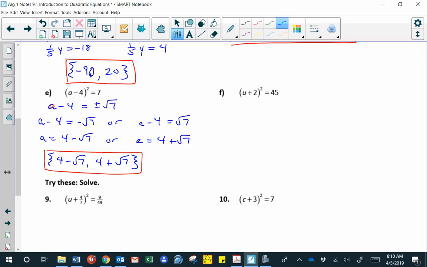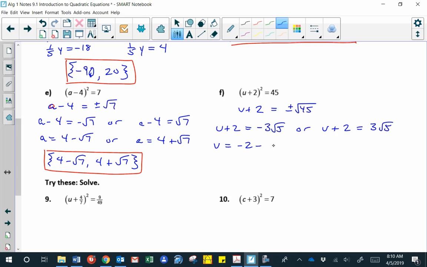In example 2f, a similar procedure. Take the square root on both sides. In this case, the square root of 45 simplifies into 3 times the square root of 5. So u plus 2 is either equal to negative 3 root 5 or 3 root 5.